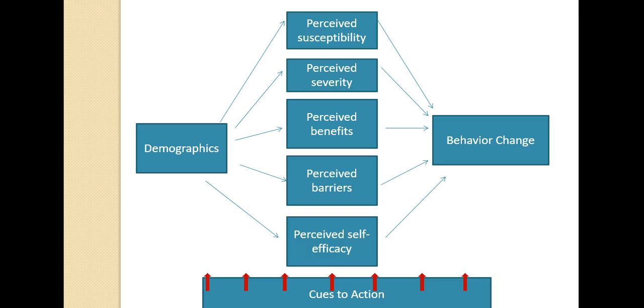So perceived susceptibility relates to how susceptible your population thinks they are to a disease or a condition. So if, for example, you are working with middle school students and you're trying to teach them not to smoke because of lung cancer, you have to figure out how much they believe they're susceptible to lung cancer.